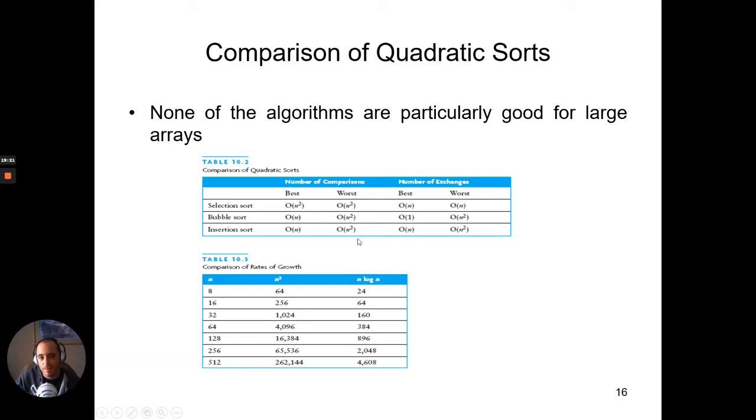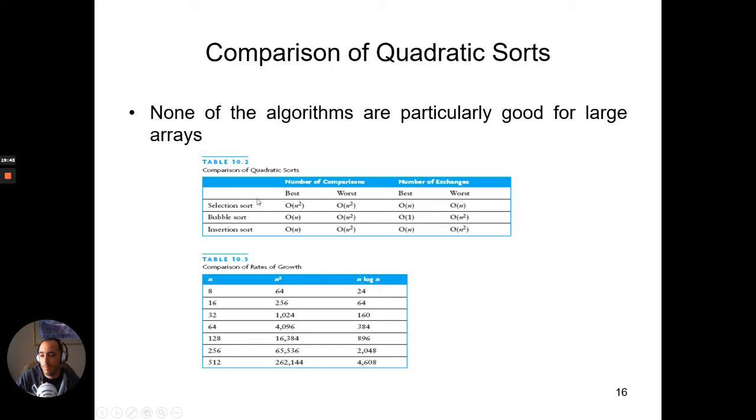But what's happening is that each of these sorts has a different set of best cases. When you look at the number of exchanges being taken, you can look at the number of comparisons, greater than, equal type of things, versus the number of swaps. They also have a different look.